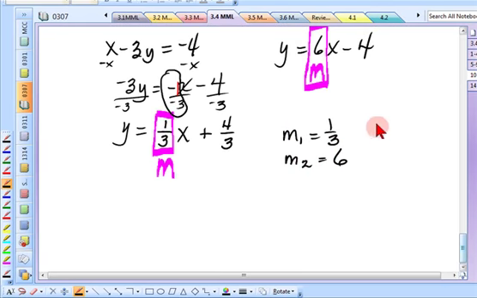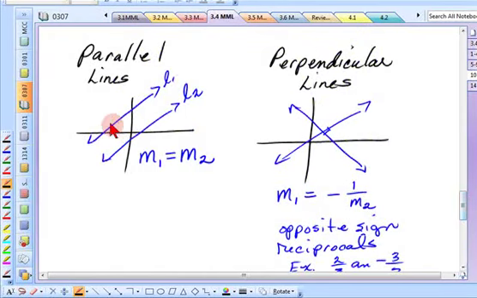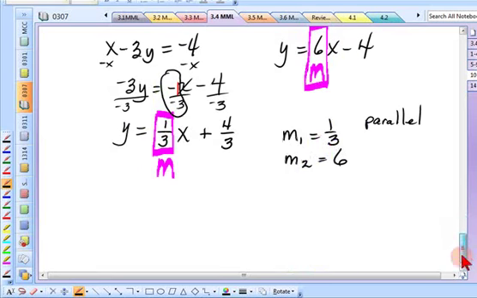Are those two lines parallel? No. Why not? They're not the same number. They're not equal. We said that if two lines are parallel, then their slopes will be the same, and we just figured out that these slopes are 1/3 and positive 6. So not parallel.